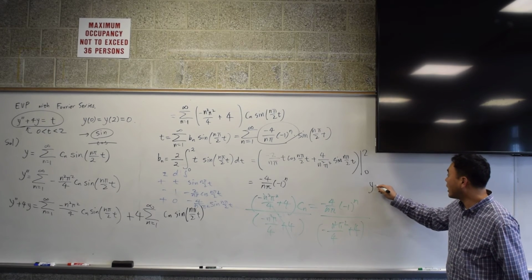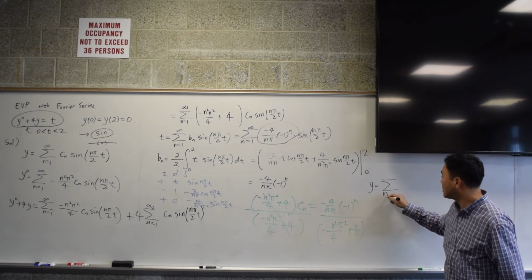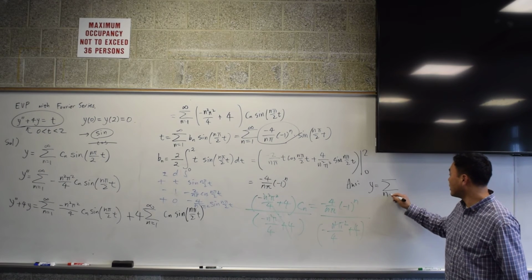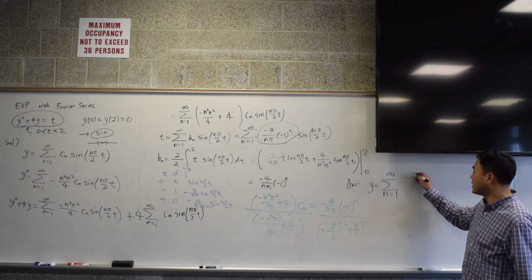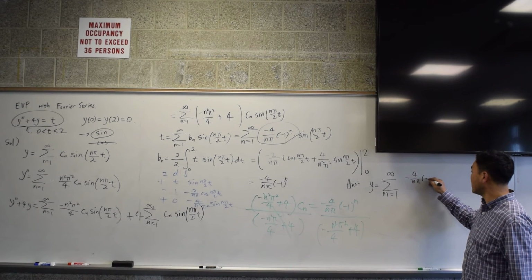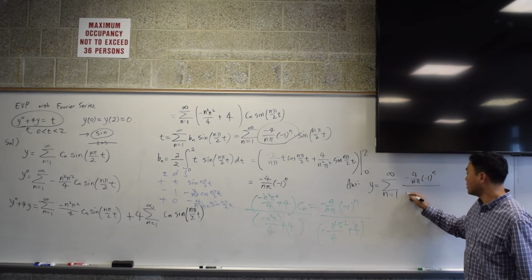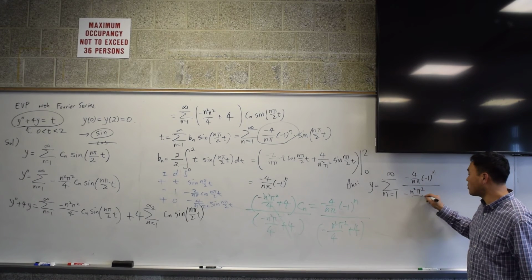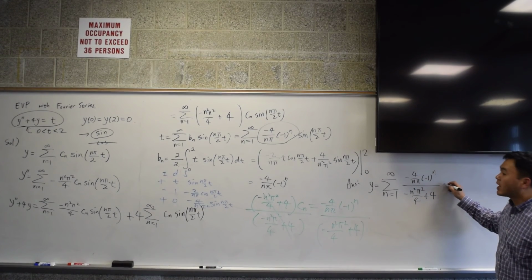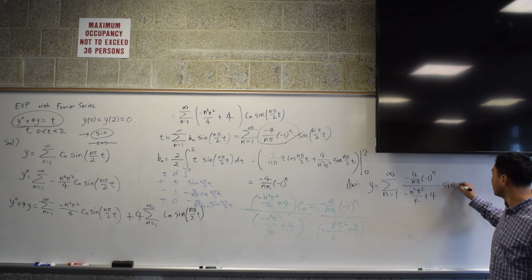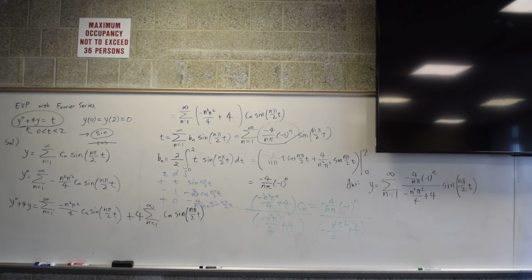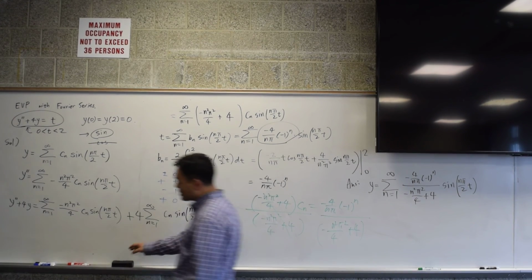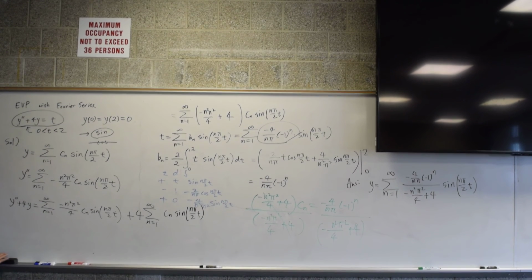Okay, so y is equal to, that's the answer: y equals the sum from n equals 1 through infinity of negative 4 over n pi, negative 1 to the nth power, over negative n squared pi squared over 4 plus 4, times sine(n pi over 2 t). Okay, so that's how you solve a boundary value problem using the Fourier series.